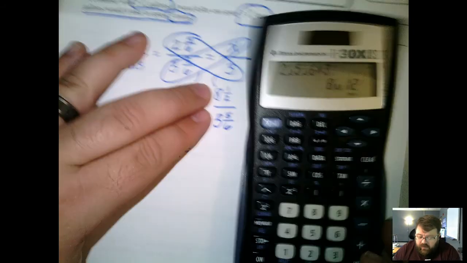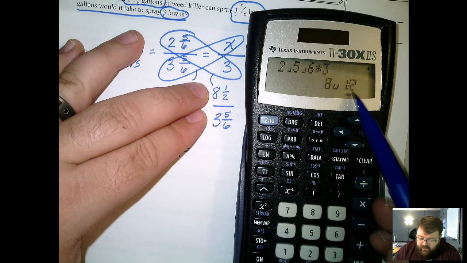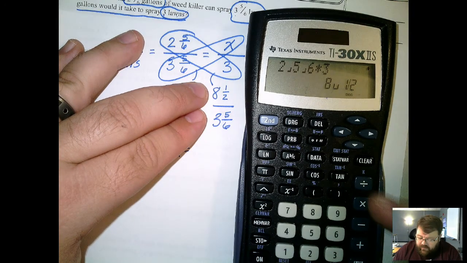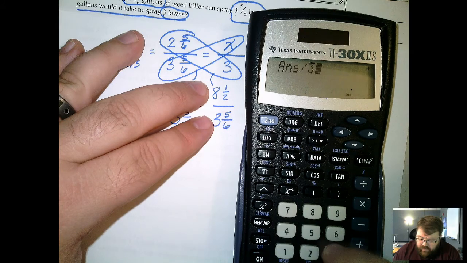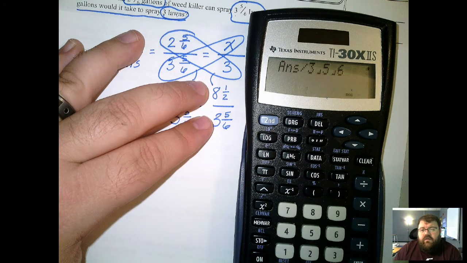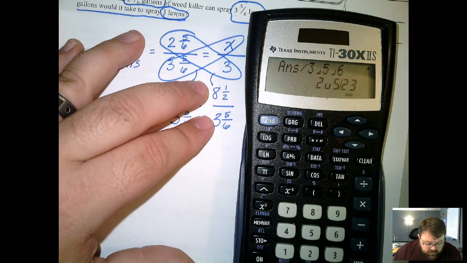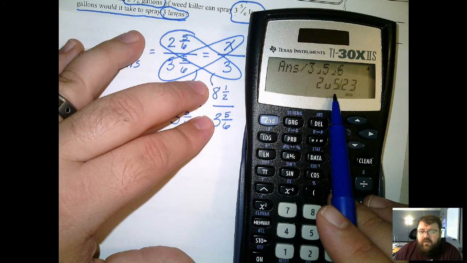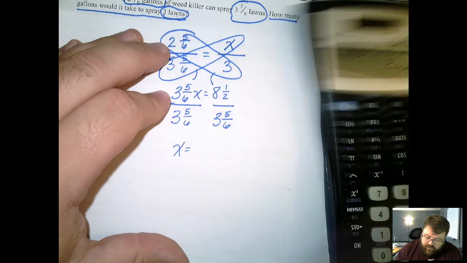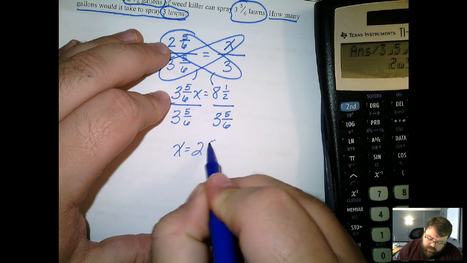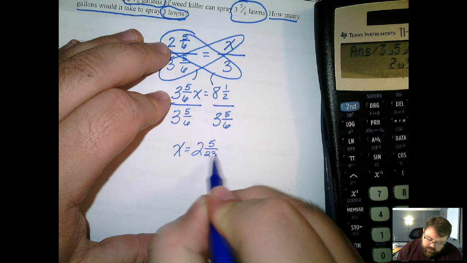Now from here, I've got to take my 8 1/2 divided by 3 ABC, 5 ABC, 6, hit enter, and I get 2 and 5/23. So 2 and 5/23.